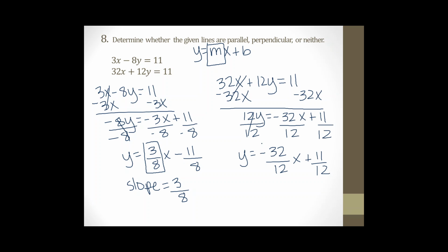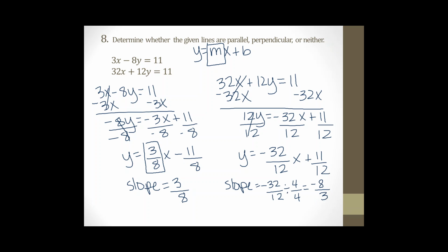Okay, so right here we see our slope right now is negative 32 over 12, but this can be reduced by a common factor of 4. So if we divide the top and bottom by 4, that will give us negative 8 over 3. So the slope of the second equation is negative 8 over 3.